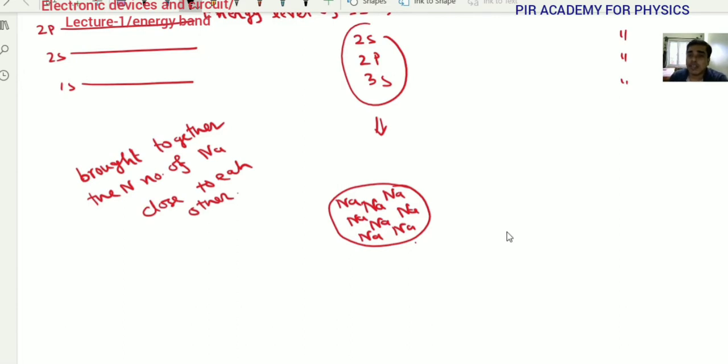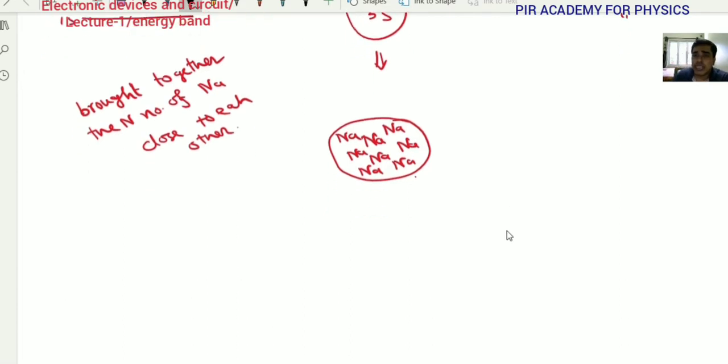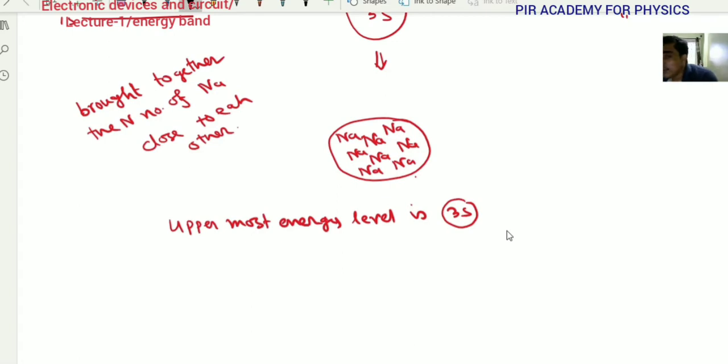Okay, then what happens? Here you see that the uppermost energy level is 3s. It is incompletely filled.